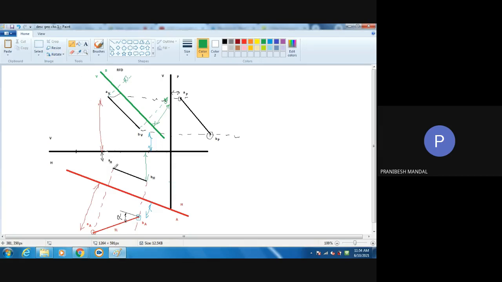This length I mean cut here. I am showing.